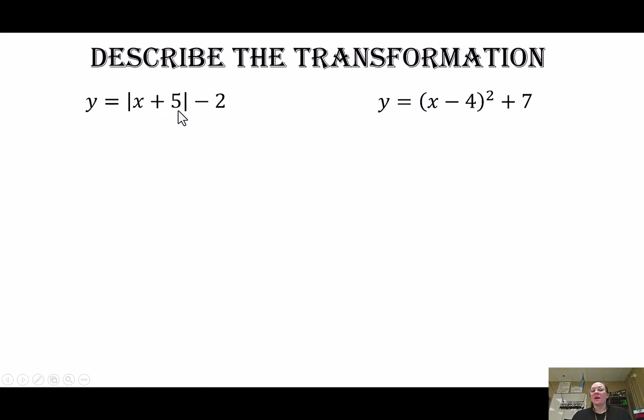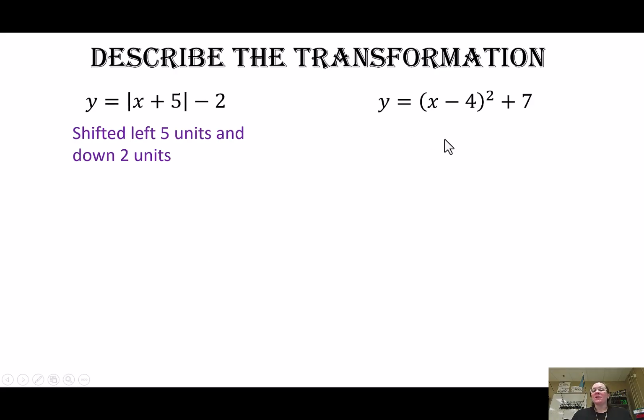It's plus 5, so it's opposite of what we would think. Since we're adding, we're moving left 5 units. And then when we look at the minus 2, that's our up and down. Since it's minusing, it's down 2 units. So this one shifted left 5 units and down 2 units.